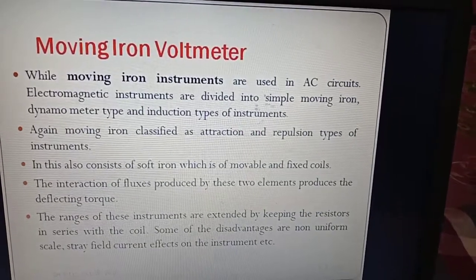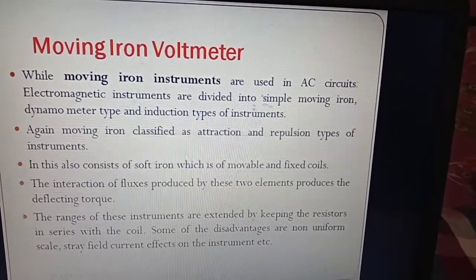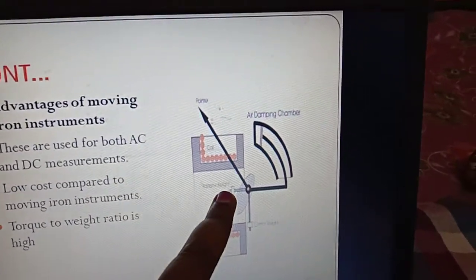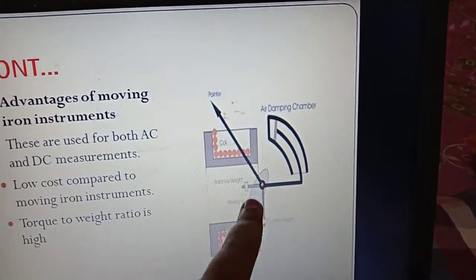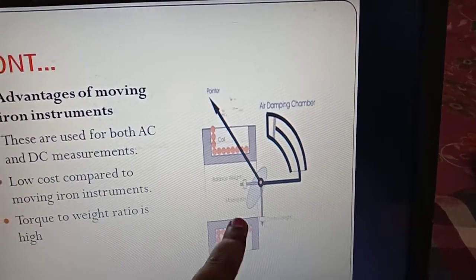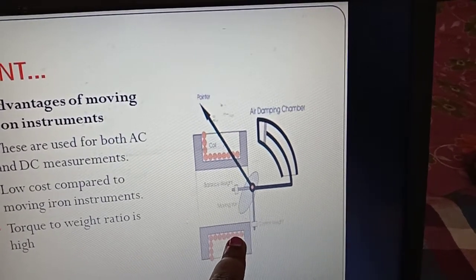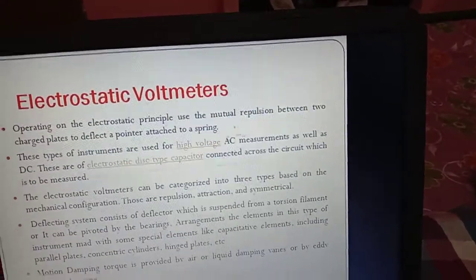And the moving iron voltmeter is used to measure both AC voltage and DC voltage. It consists of movable and fixed coils. The moving coil I have already told. So these two are the coils. When we switch on the supply, the current will flow across the coil, and the deflection between this coil and the magnet will show the deflection of the circuit.